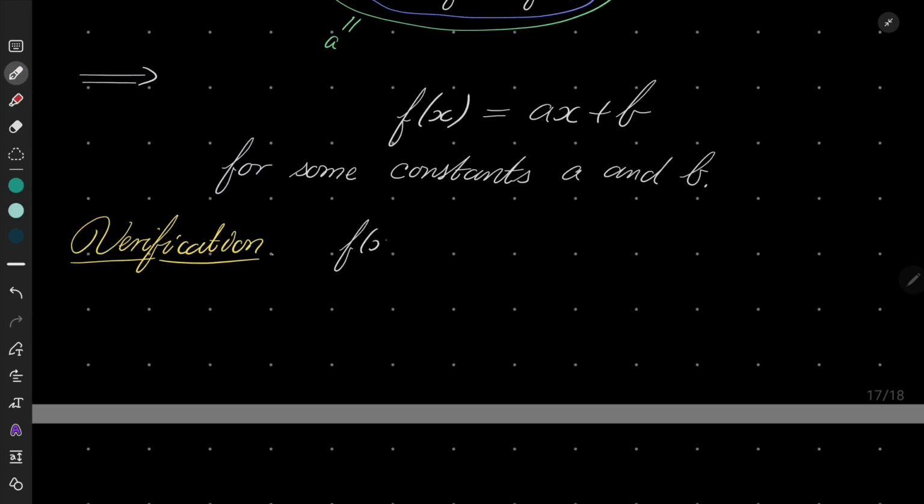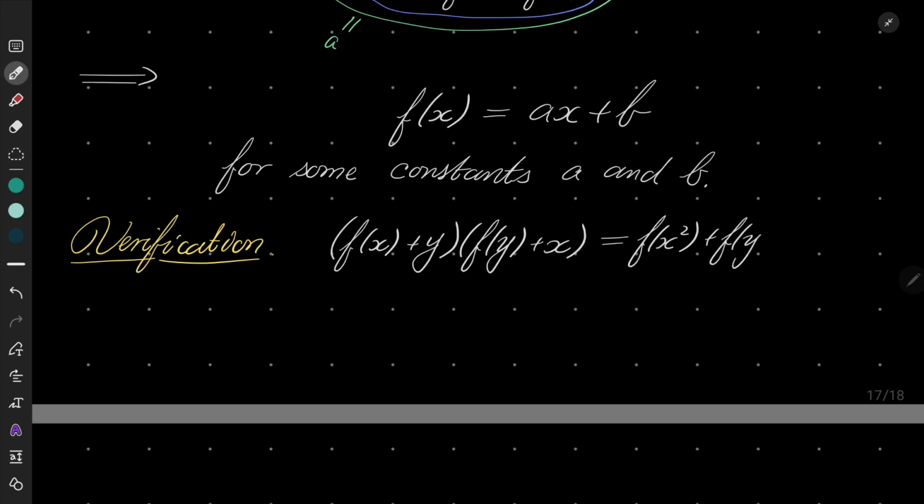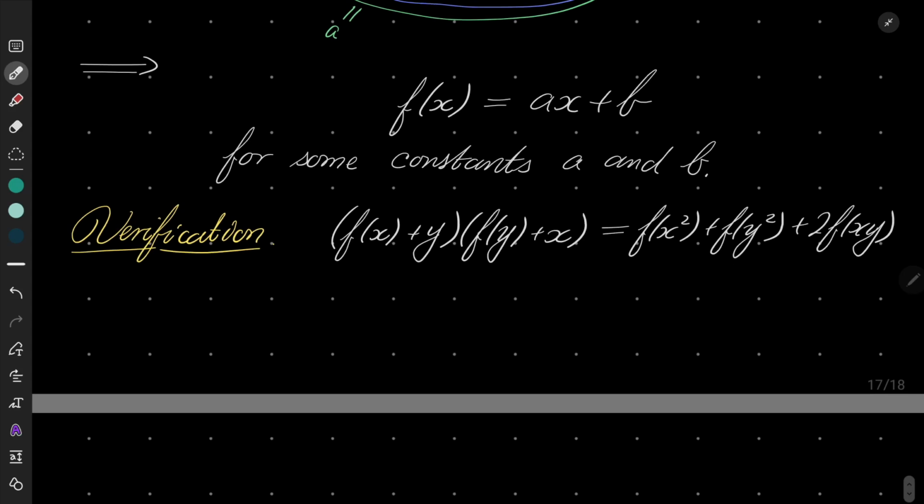Recall that it was f(x + y) times f(y + x) equals f(x)^2 plus f(y)^2 plus twice f(xy). And now I will put this formula in.